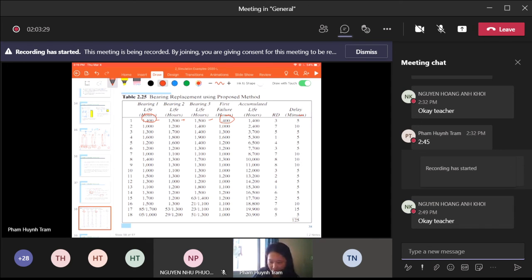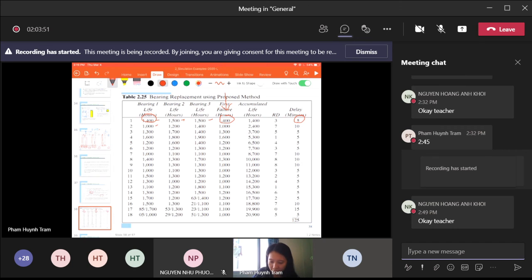We also record the simulation time in this column. Now, after we replace all three bearings, the second bearing 1 lasts for 1,000 hours.